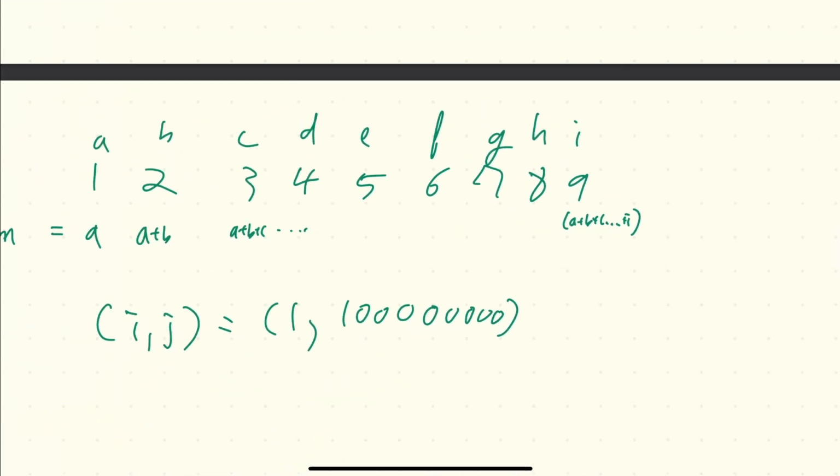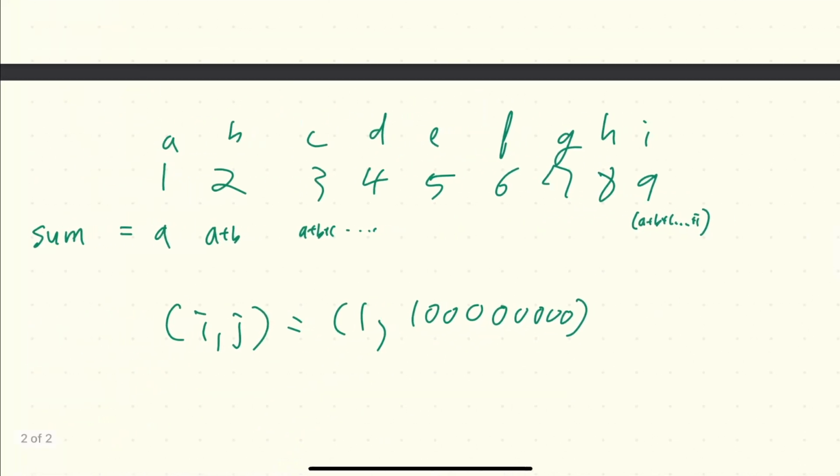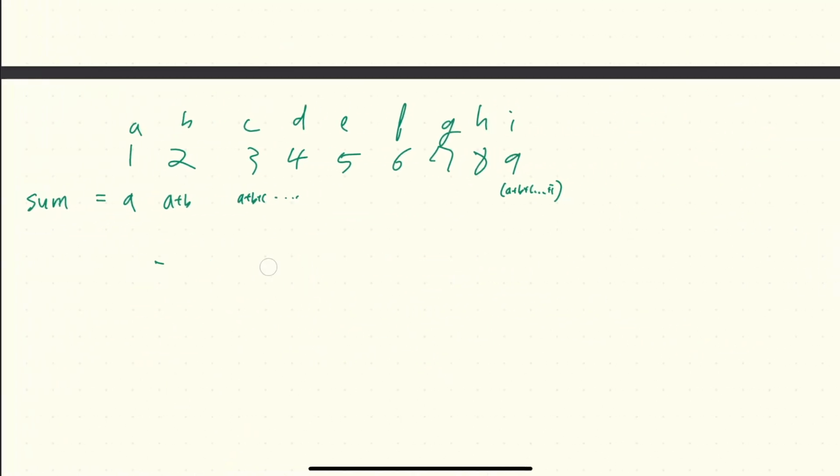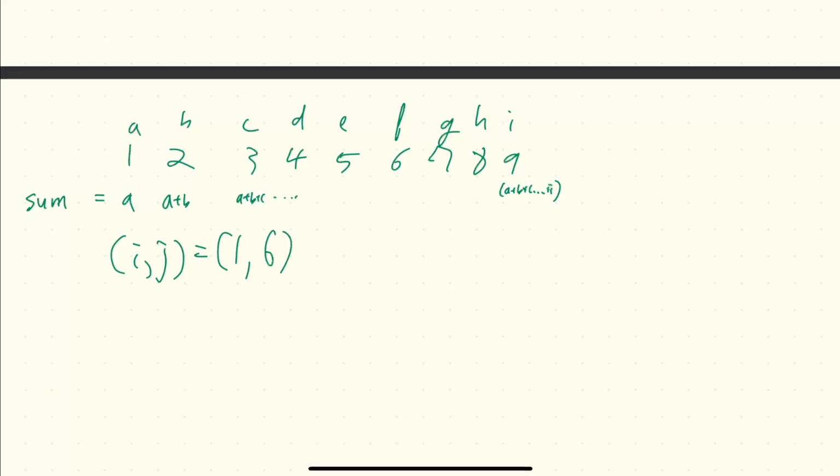Right? So using this array, let's say we had an I comma J of 1 comma 6. Obviously we could just take the number that's here, which is going to be the sum of A through F, for the sum array. But what if we had 3 through 6?